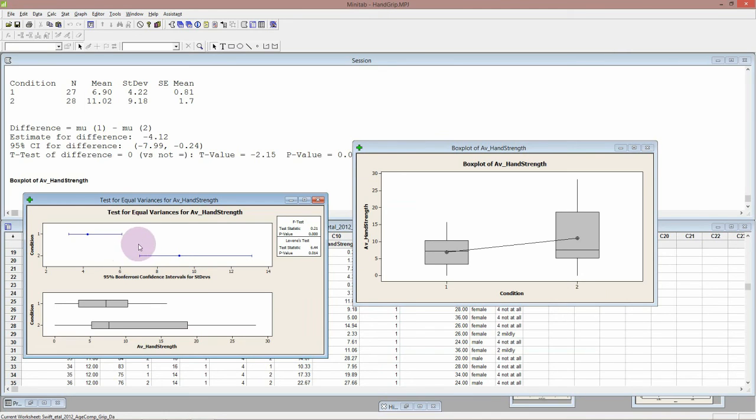Now in most cases, depending on how severe the violation of the assumption is, and it's not too bad in this case, we had a look at those dot plots, you would probably continue on, but you would have to acknowledge the fact that your assumption is not met, and you would have to put a little statement in there saying that the test for equal variances showed that the variances are probably not equal in this case, and therefore the results should be interpreted with caution.